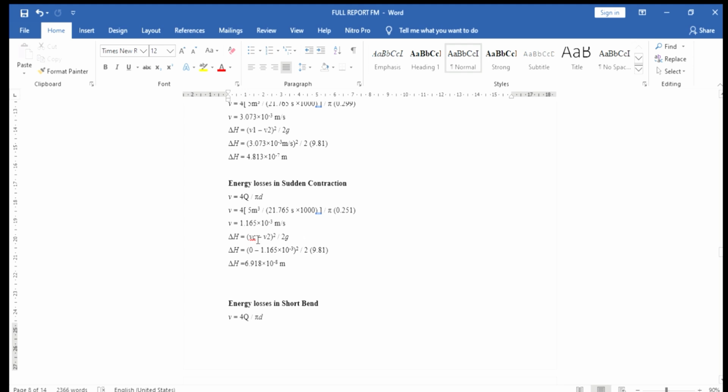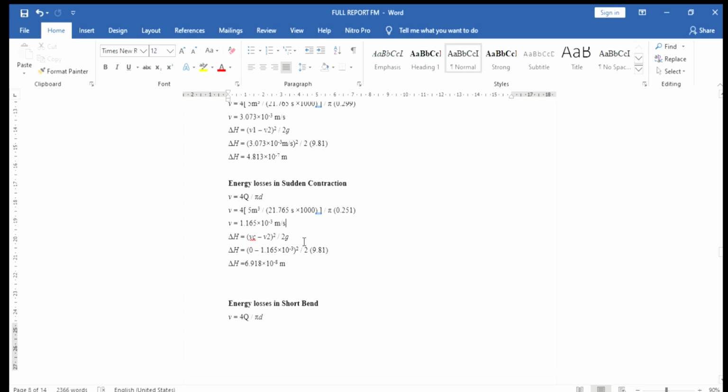To find the head loss, the formula is head loss equals Vc minus V2, squared, per 2g, 2 times gravity.